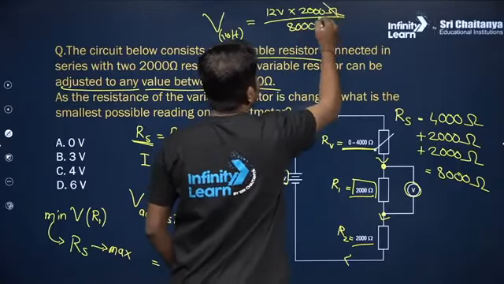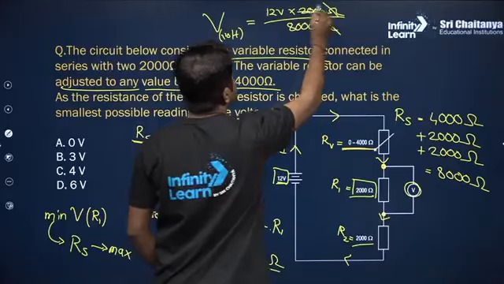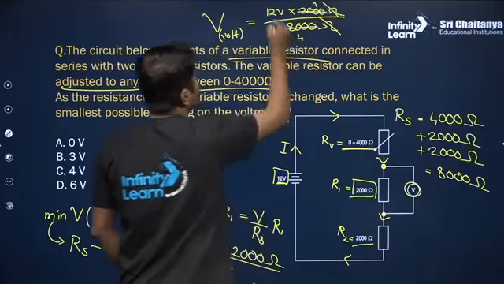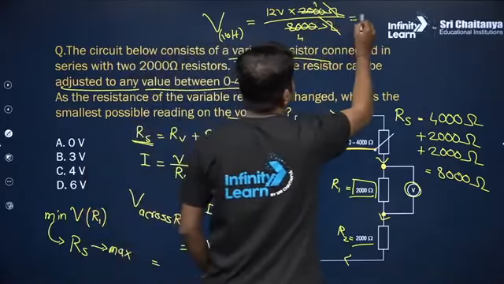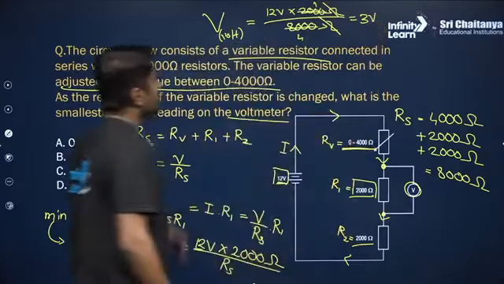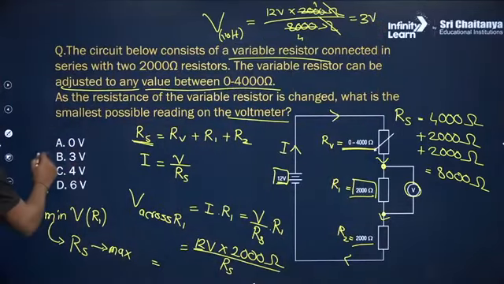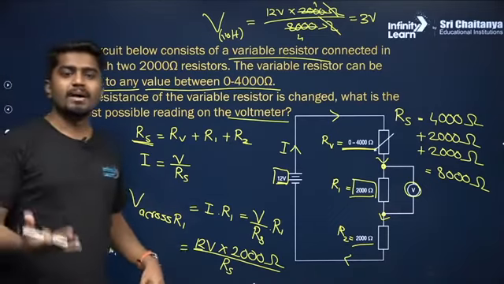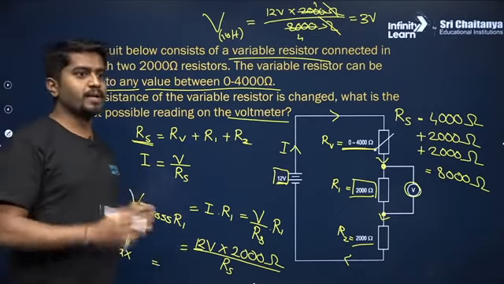So this ohm will get cancelled. 2000 by 8000 is nothing but 1 by 4. So 12 divided by 4 is going to be 3 volt. So the minimum value of the voltmeter would be 3 volt. That would be the minimum value measured by the voltmeter.